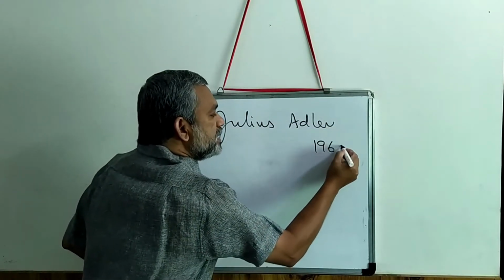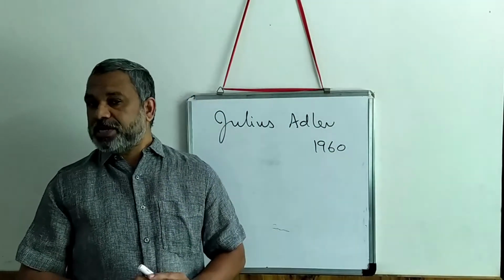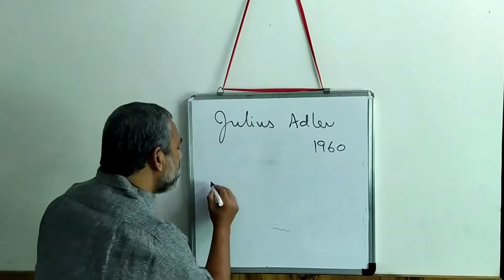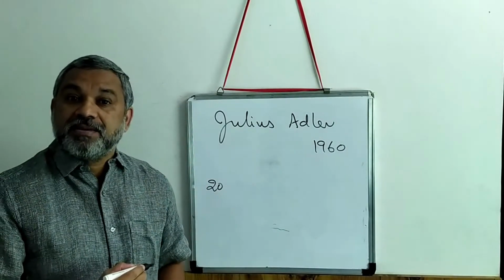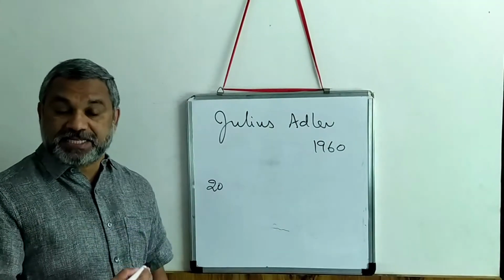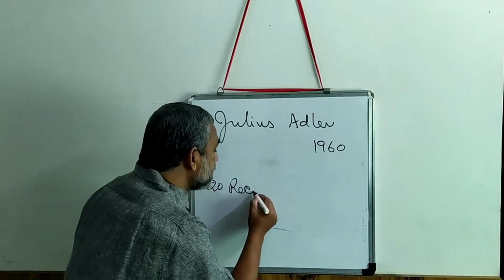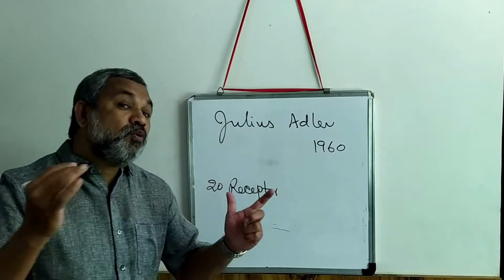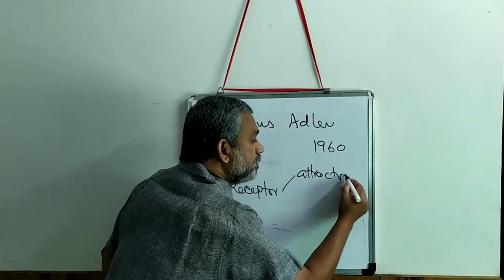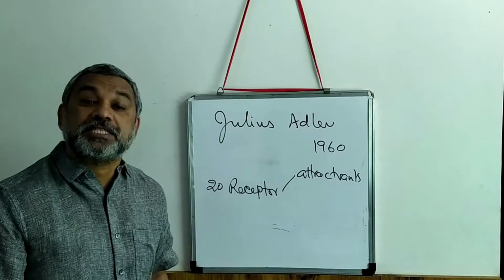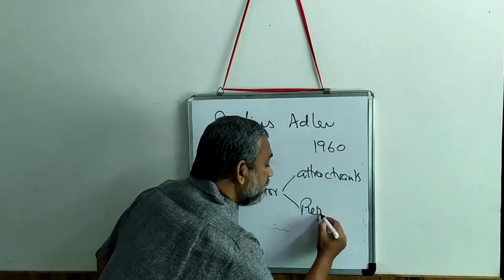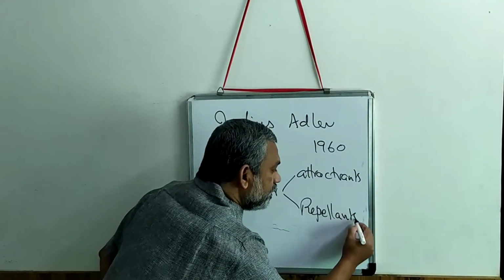What he realized is that there are about 20 receptors present in a bacterium, and these can be put under two categories: one set of receptors for attractants, another set for repellents.